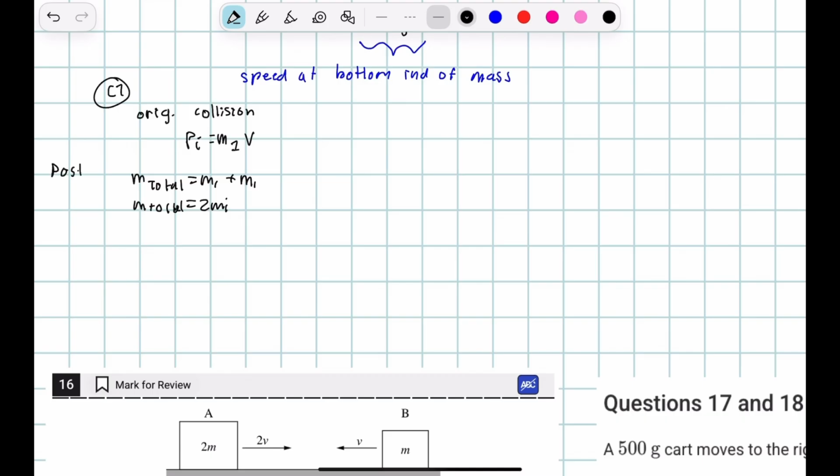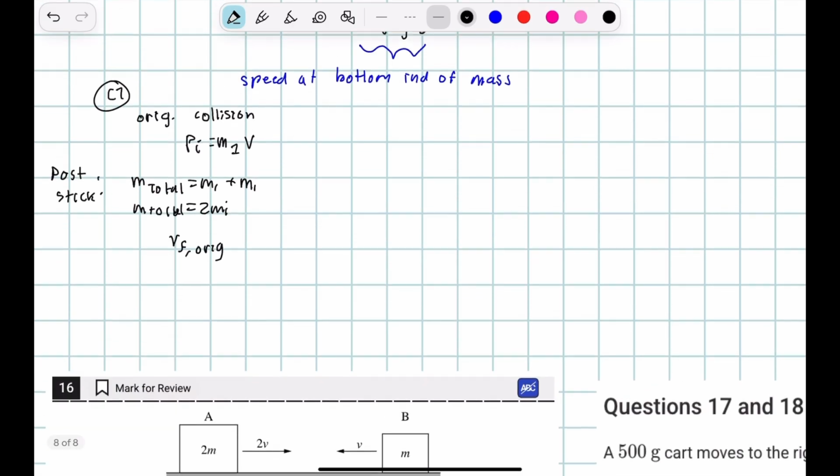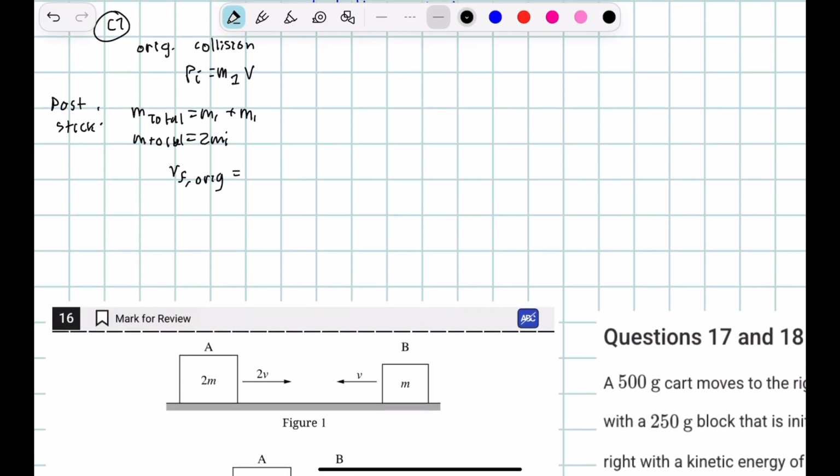So that's post stick. Then we know that the final speed, vf, of the original is going to be equal to m1v over 2m1, and that's going to equal v over 2.